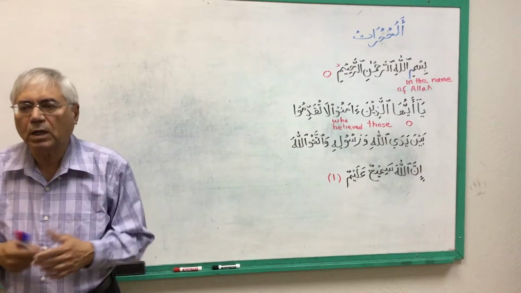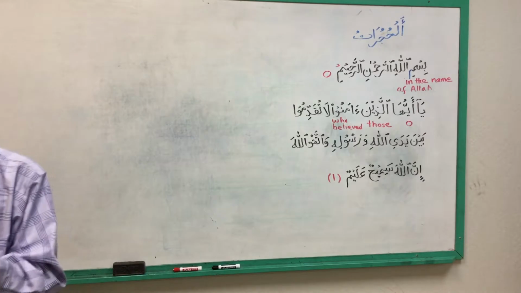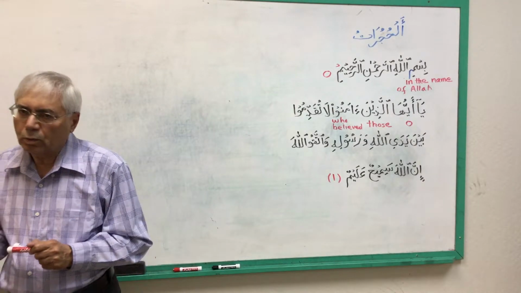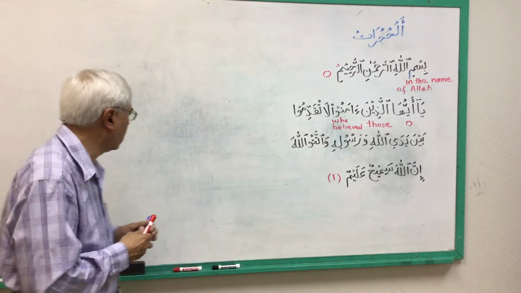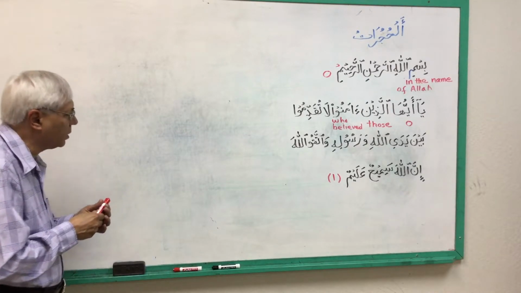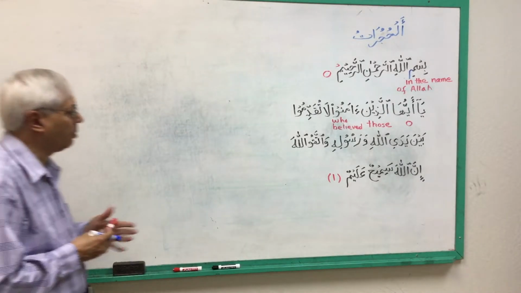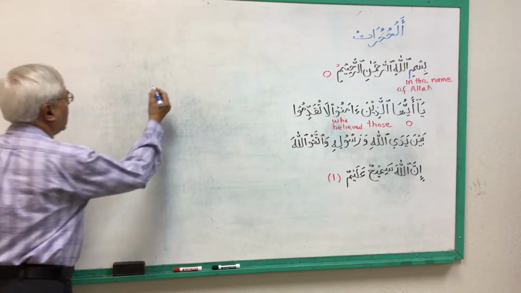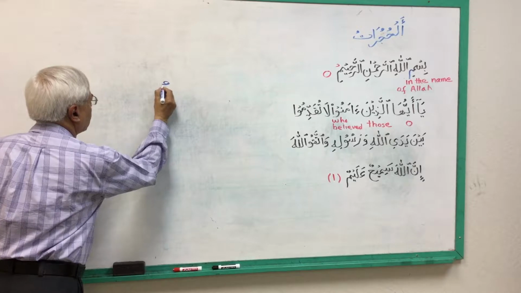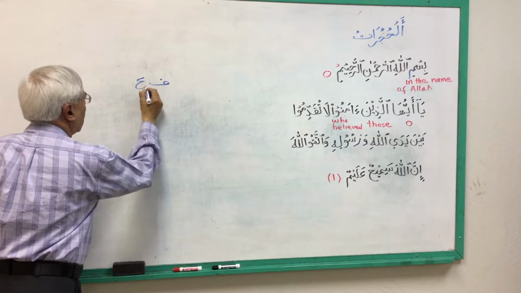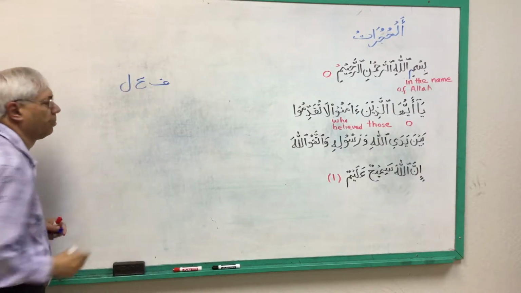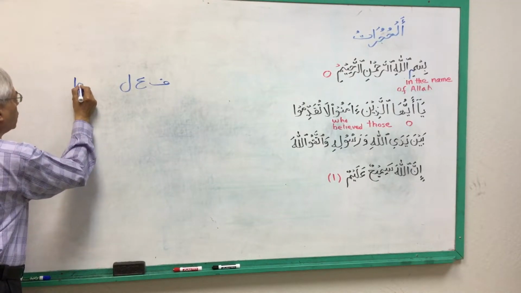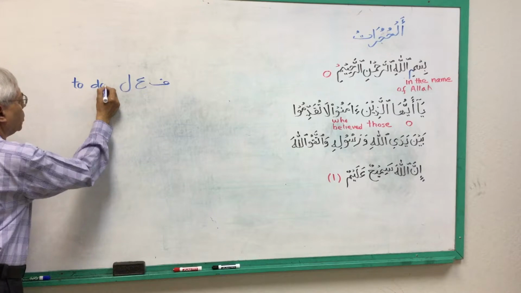So let's understand how we create this grammar of do and don't do. I'm just going to start with the rule and then we'll apply it on the surah and these ayat. So we'll start with these three letters, fa and lam. This is our template, and the meaning of this is to do.